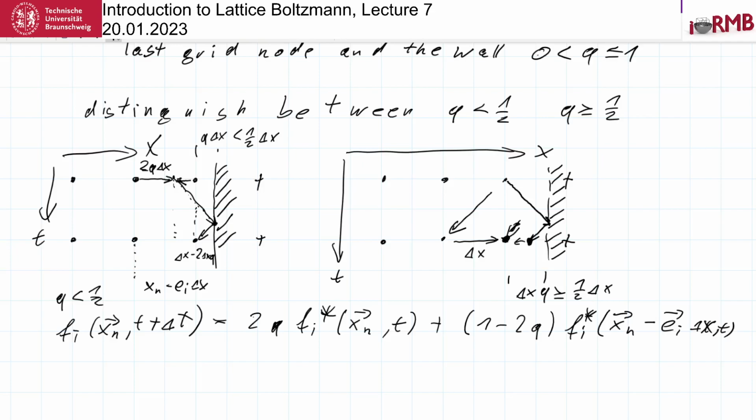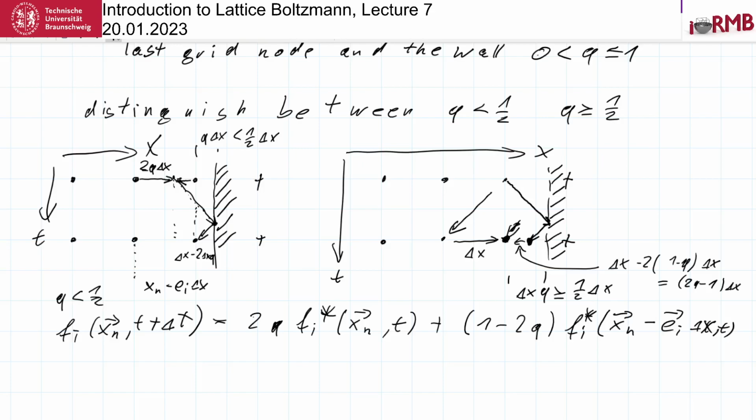And this down here has the length delta x minus 2 times 1 minus q delta x. So it is equal to 2q minus 1 delta x.